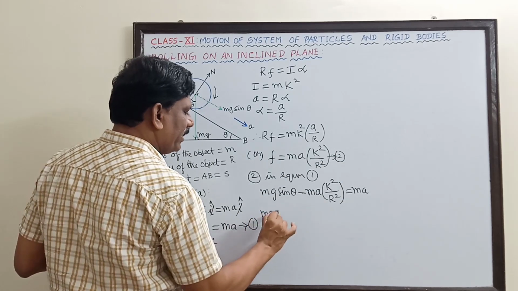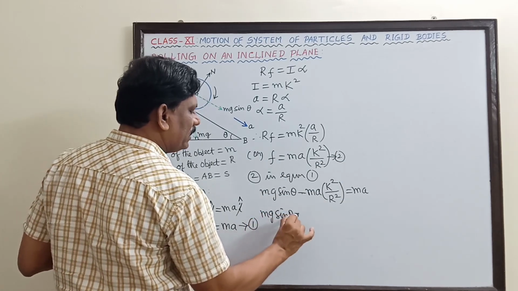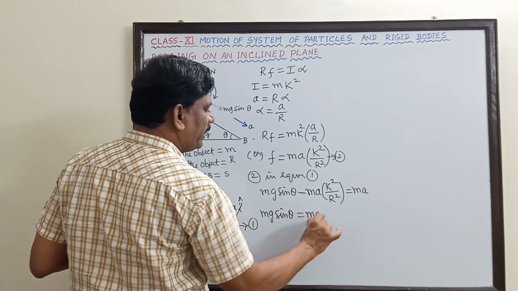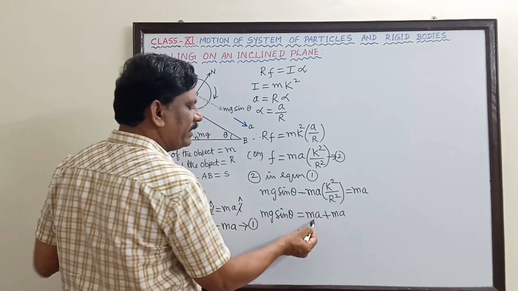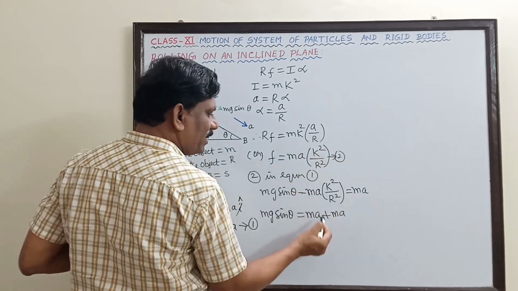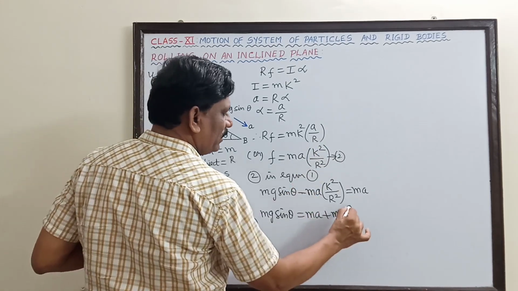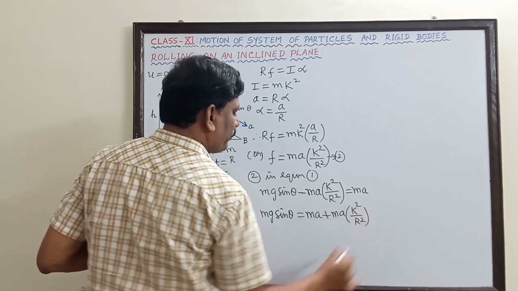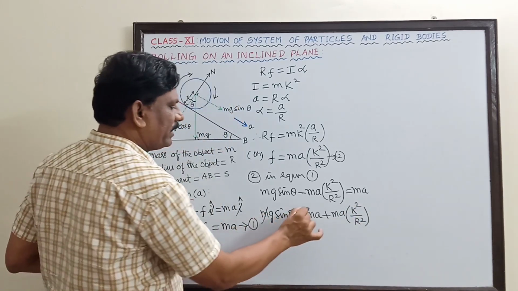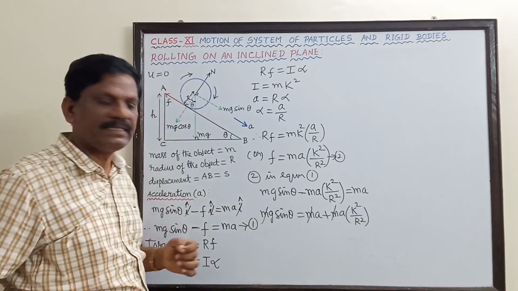It will become mg sin theta is equal to ma plus ma into k square by r square. So m can be cancelled on both sides.